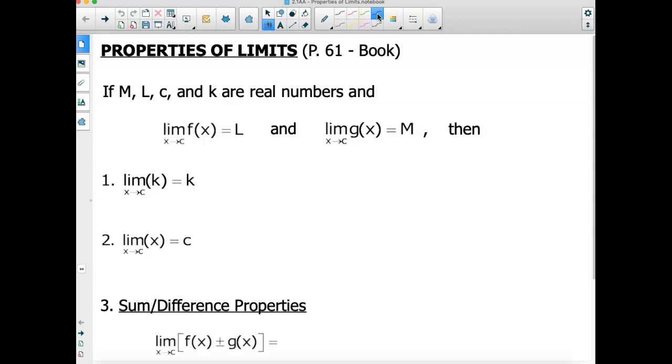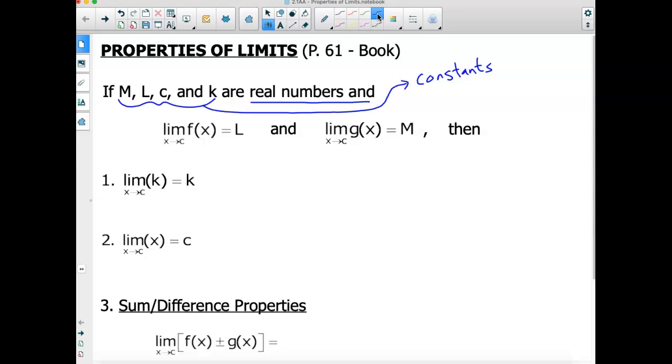And as I'm looking at all these properties of limits, M, L, C, and K are all real numbers. That means they are constants, okay? Because they're real numbers, they can be whole numbers, positive numbers, negative numbers, decimals, fractions, square roots, irrational numbers.